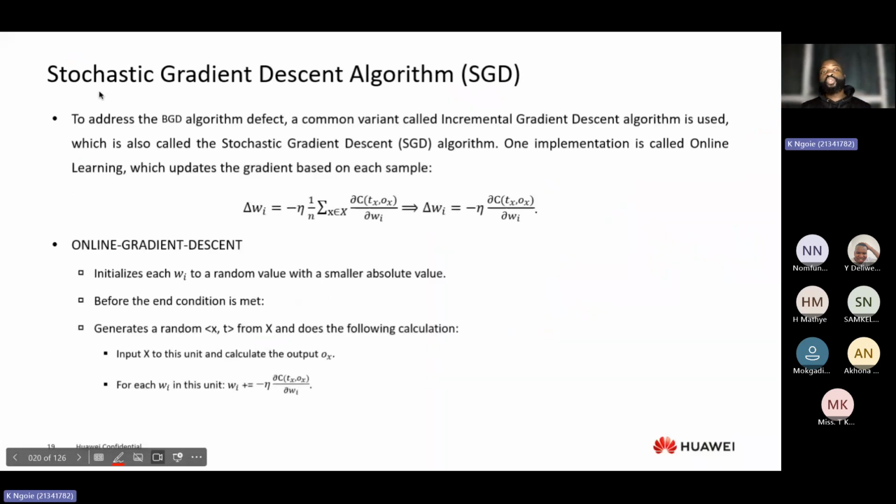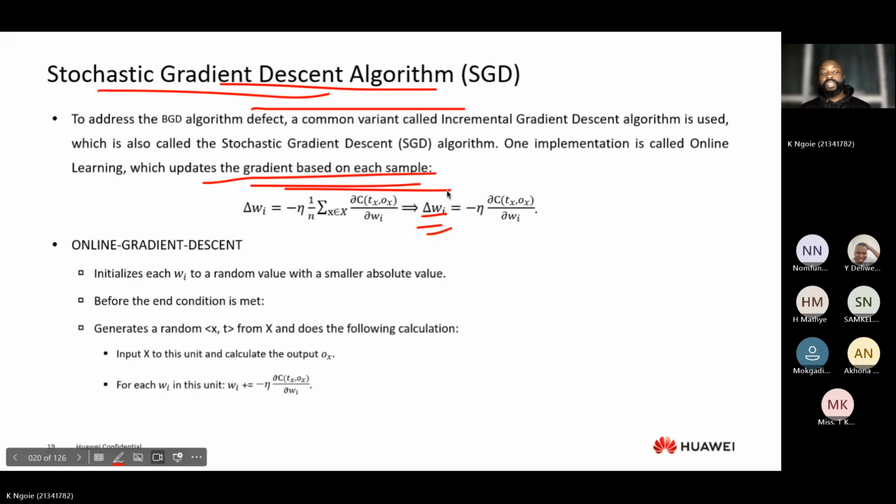But in stochastic gradient descent, we change the weight for each sample at a time. We're not taking the whole data set, only one at a time.